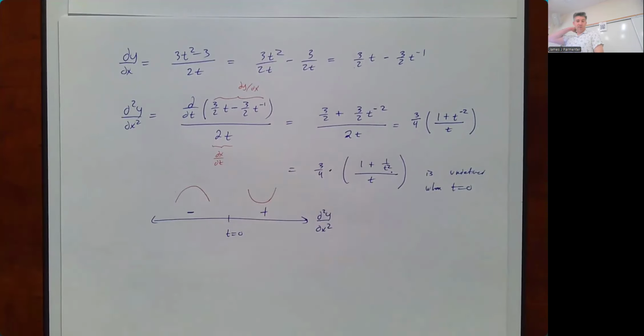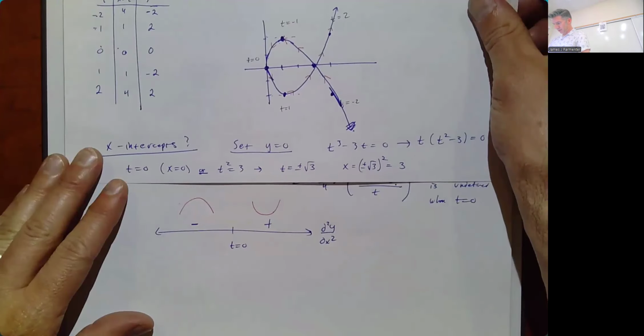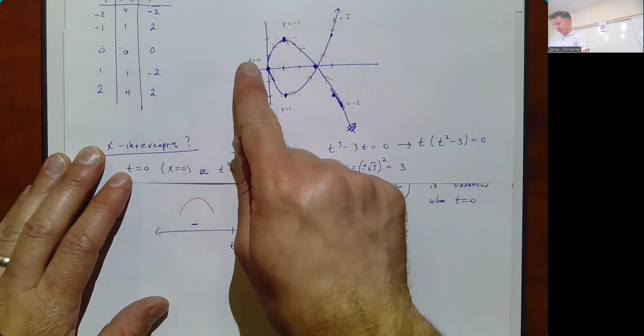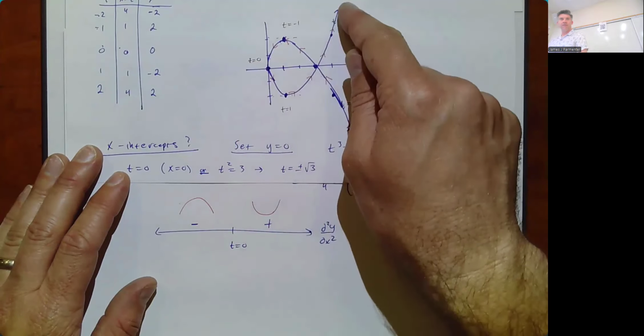Let's go back and look at the picture. Looking back at our graph, here's where t is positive. Oh yeah, look, it's totally concave up when t is positive.